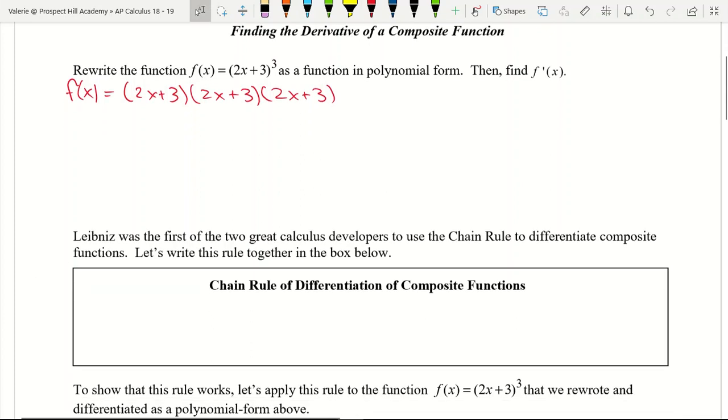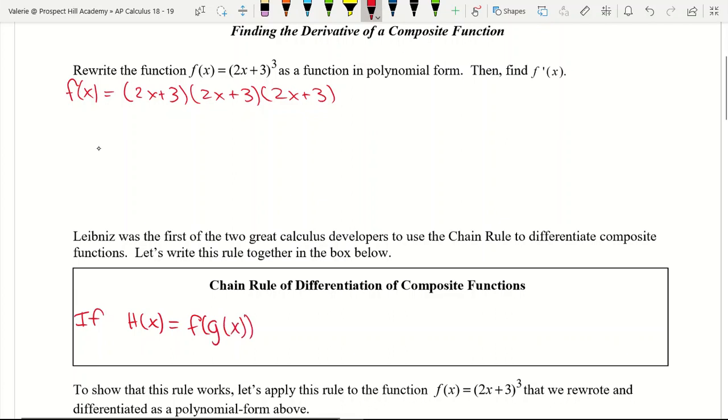Leibniz was the first of the two great calculus developers to use the chain rule to differentiate composite functions. So we're going to write this rule together in the box. So if h of x is equal to f of g of x, right?